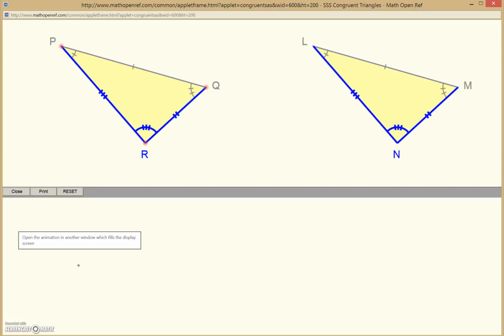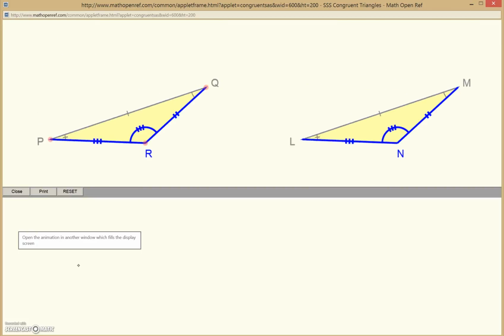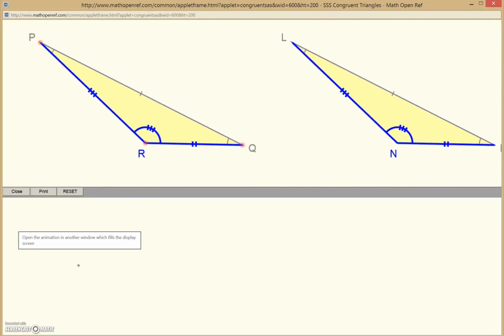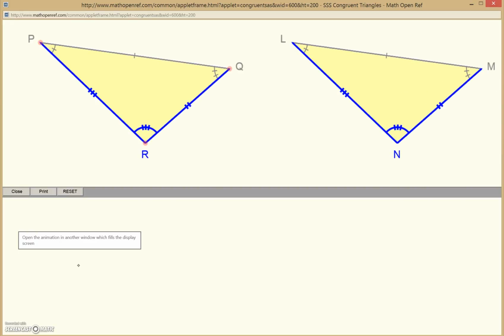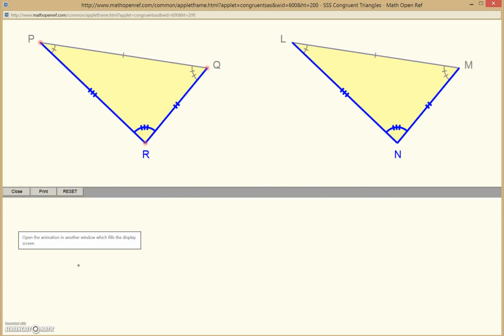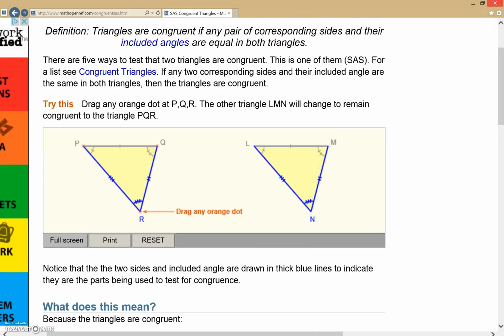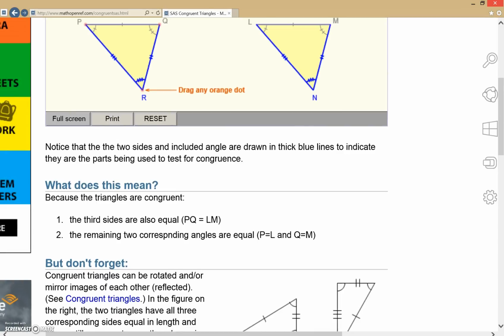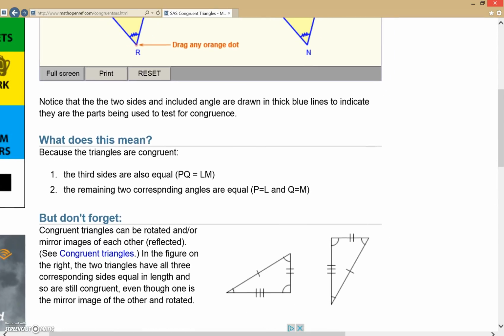And that means that R and N will also be congruent, and then our other 2 angles, P and Q, would be congruent to L and M. Again, if I move them all around, as long as my included angle is between my congruent sides, PR and RQ and LN and NM, then our triangles will be congruent. You can read that there. The third sides are also equal, PQ and LM. The remaining two corresponding angles are equal.